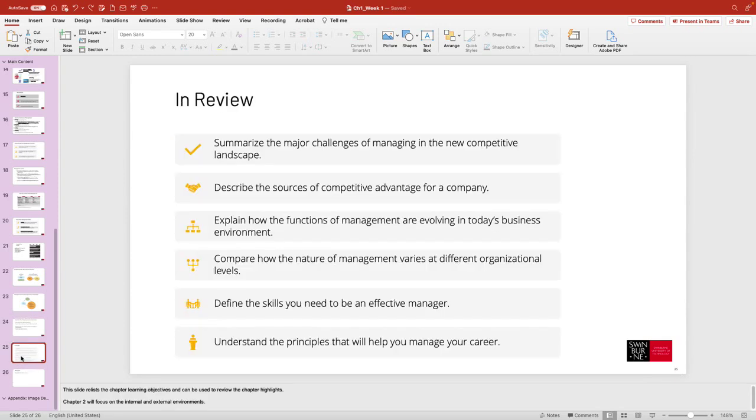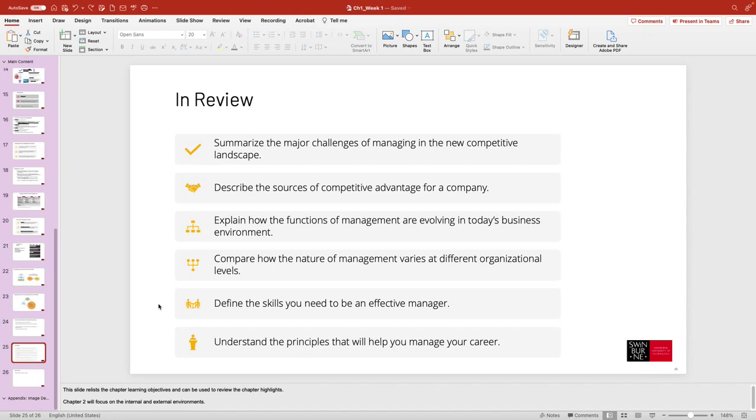Very, very important. Guys, these are the things that I would recommend you guys to revise. This is what we covered very quickly. We looked at challenges of the competitive world, major challenges, sources of competitive advantage, 6 of them. We looked at 4 functions of management: planning, organizing, leading and controlling.